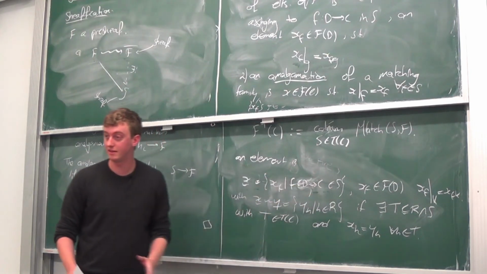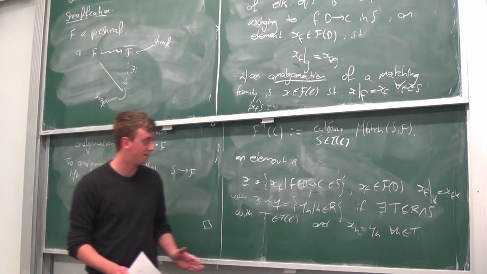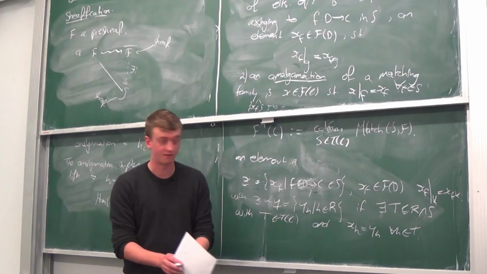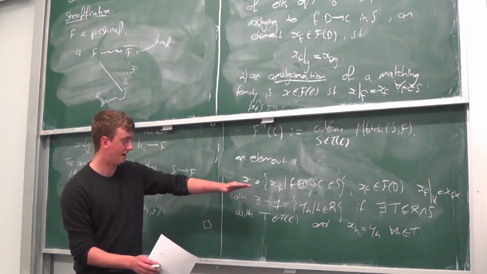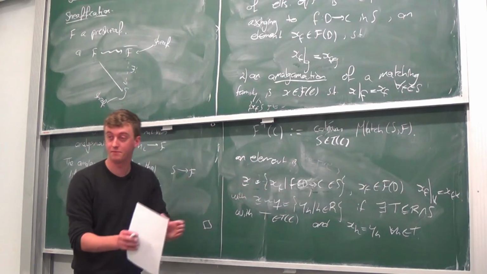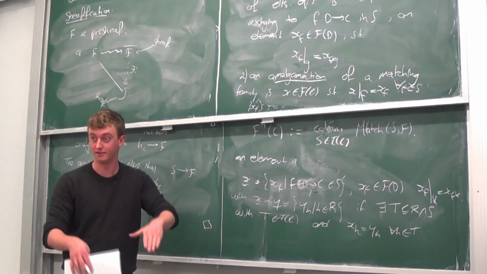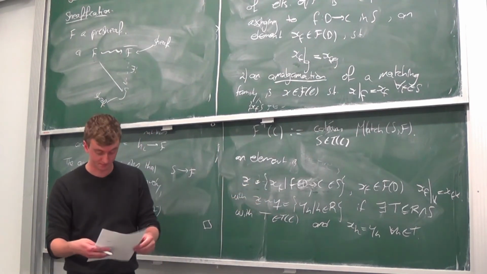We declare them equivalent if there is some sub-covering sieve of each of these two covering sieves, such that the sections indexed by that sub-covering sieve match across the two, i.e. they agree on the intersection.